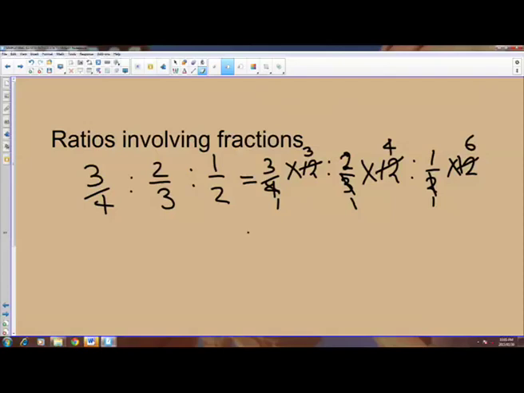This will then be 3 times 3, it's 9, is to 2 times 4, it's 8, and then 1 times 6, this will give us 6. So the ratio 3 over 4 to 2 over 3 to 1 over 2 simplifies to 9 is to 8 is to 6. This is how we simplify ratios involving fractions.